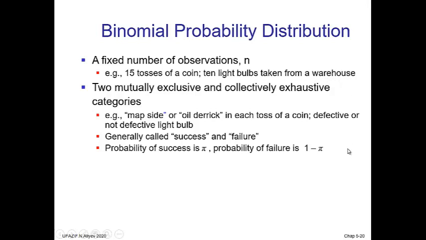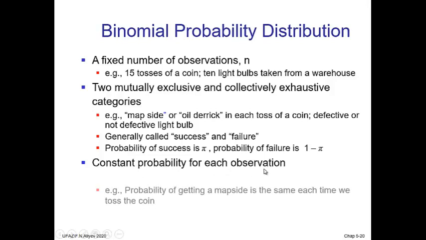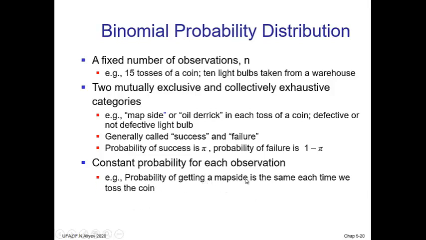Only in this case can you apply the binomial distribution. Yes, constant probability for each observation. The probability of the map side is the same each time we toss a coin.